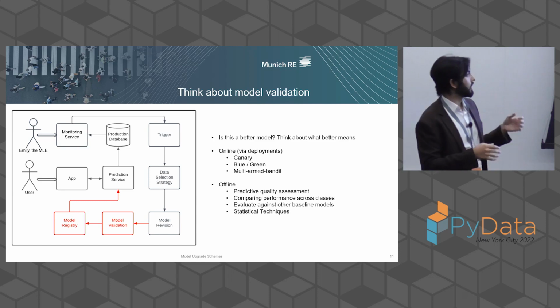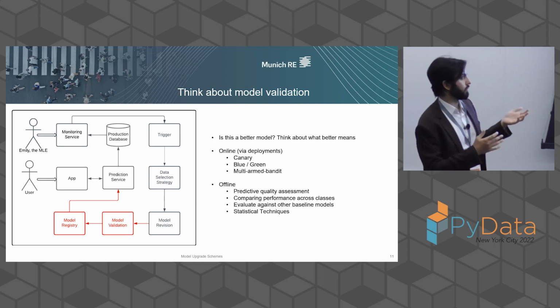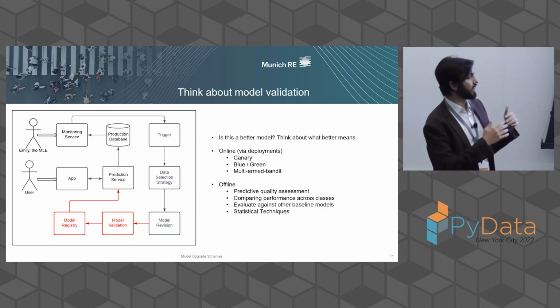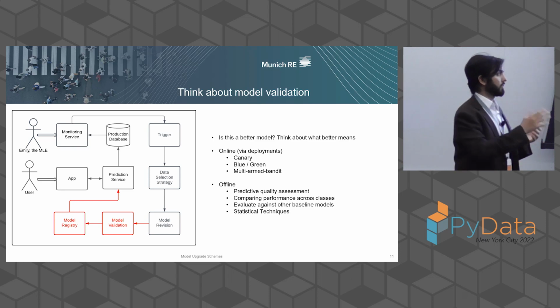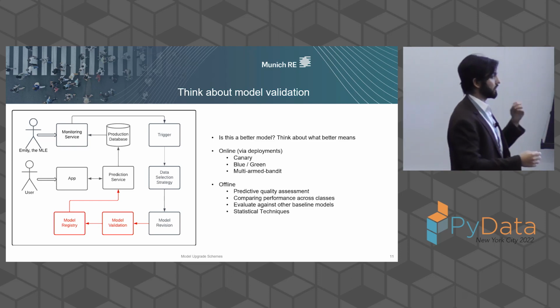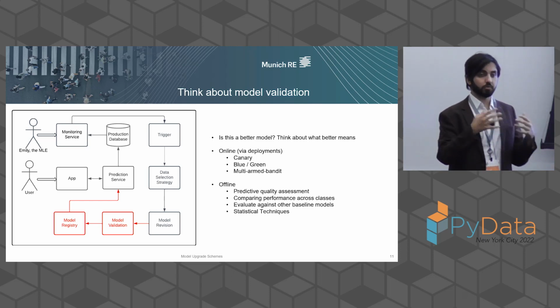I think there are two ways people validate their models essentially: an online version and an offline version. In the industry, people talk about canary deployments or blue-green deployments, or if you want to go really fancy, multi-armed bandit deployments, where you're actually having these models tested in production.